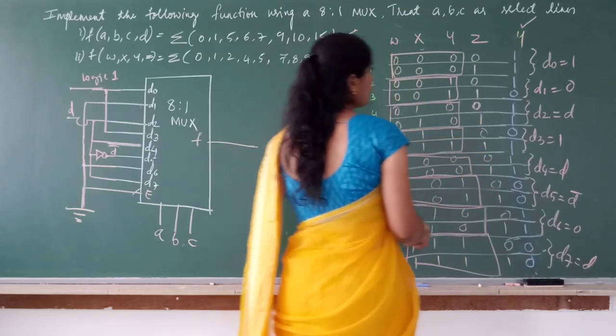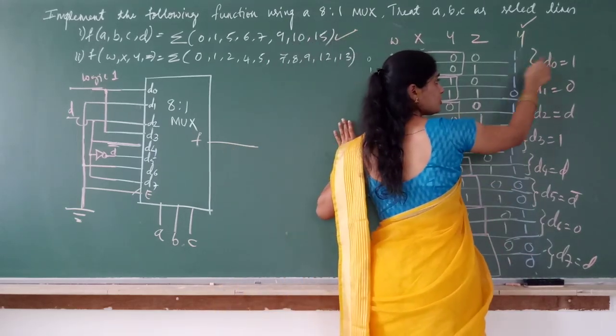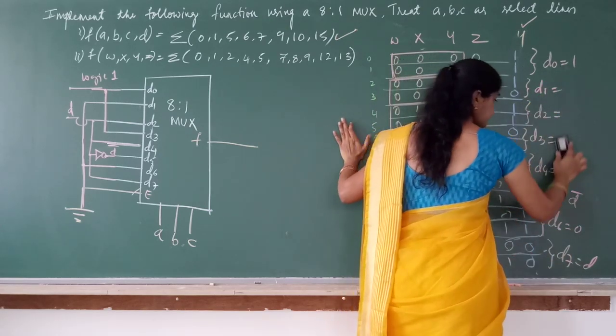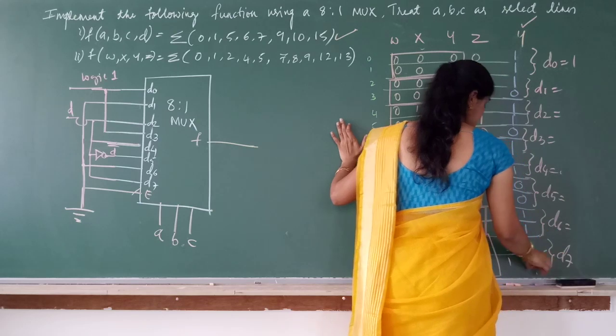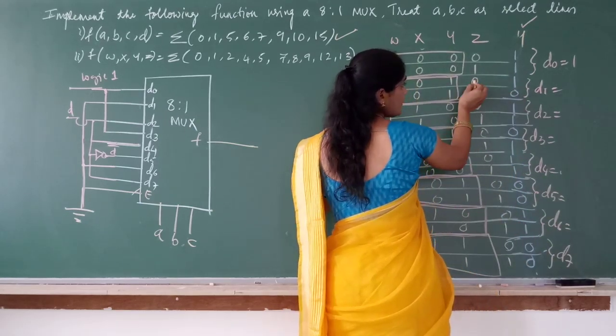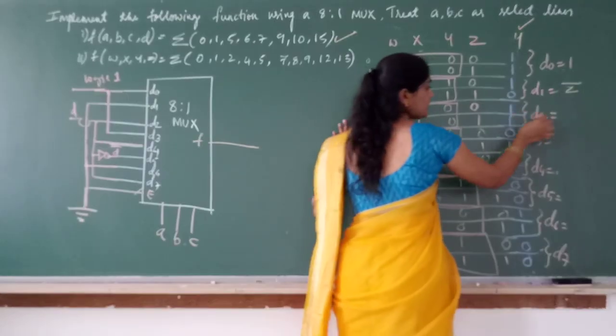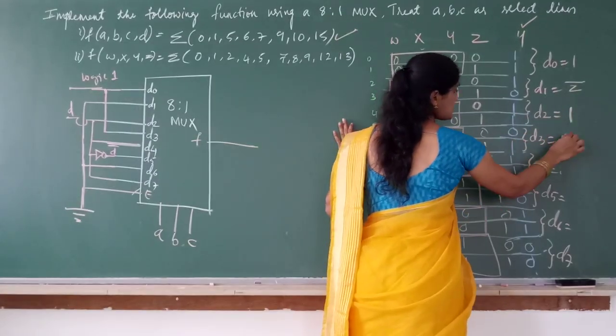Okay. Now, D0 is what? 1 for both. So, D0 is 1. What is D1? 1, 0, which is nothing but what? Z bar. So, D1 is Z bar. Here D2, 1. Here it is same as Z.